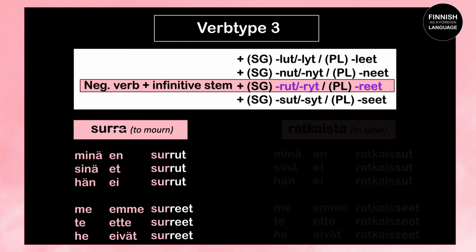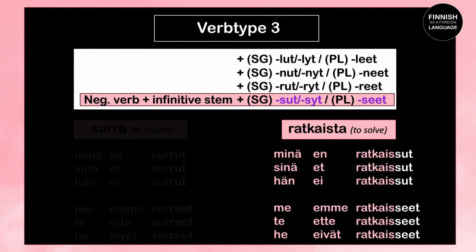And our last verb for this verb type is ratkaista, meaning to solve. Our infinitive stem here is ratkais, so we have to use the sut or sad ending. Minä en ratkaissut. I didn't solve. Sinä et ratkaissut. You didn't solve.